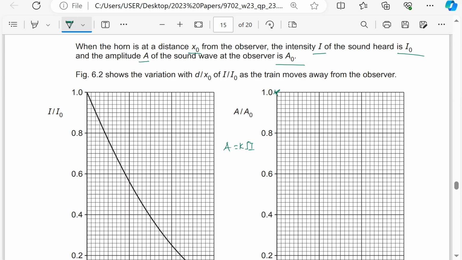Of course, the constant depends on whatever you want to choose. Then if I'm going to choose another point, I'll just choose a few points. Suppose I take this point here.